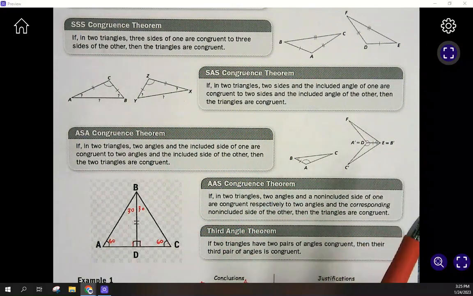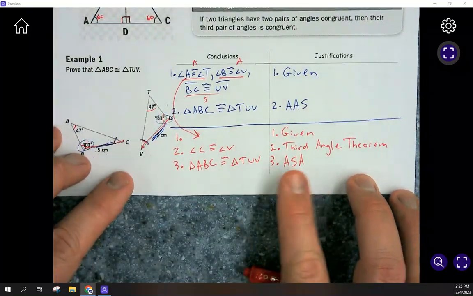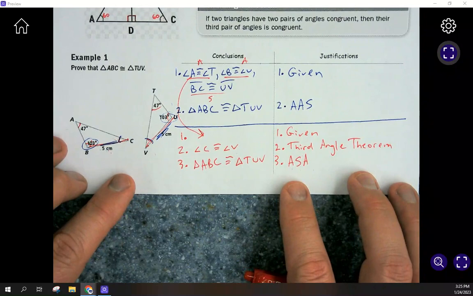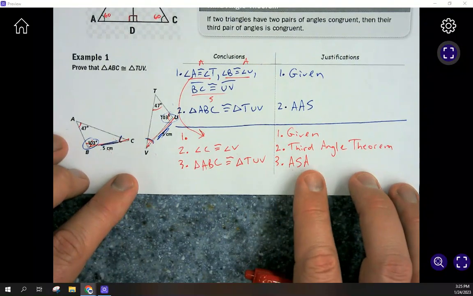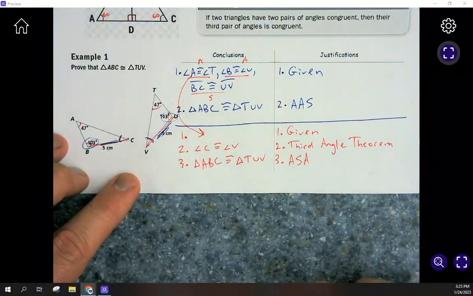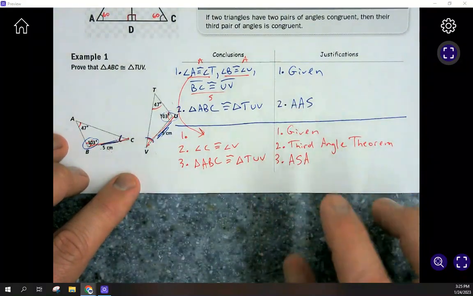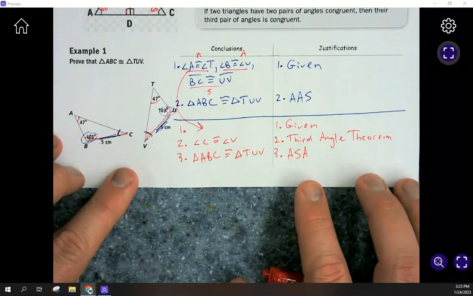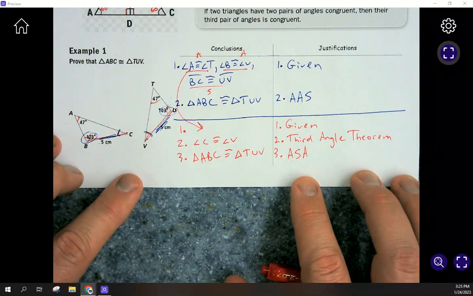Okay, you could come up with different triangles that have two matching sides and a matching angle that's not included, and show that they're not congruent to each other. So ASS is not a congruence theorem. And again, it's not because it spells out a cuss word. It's because it doesn't actually work mathematically. So make sure that you're actually using one of these congruence theorems that is given to us here.